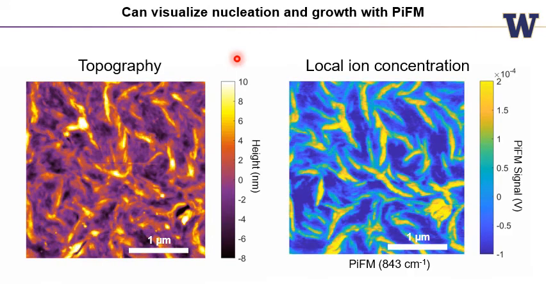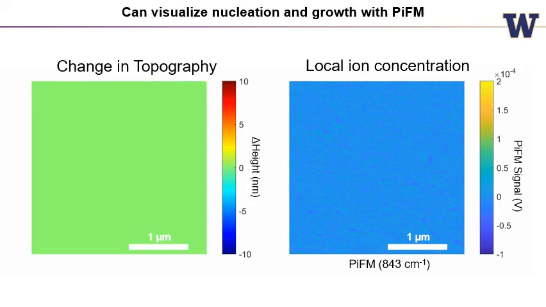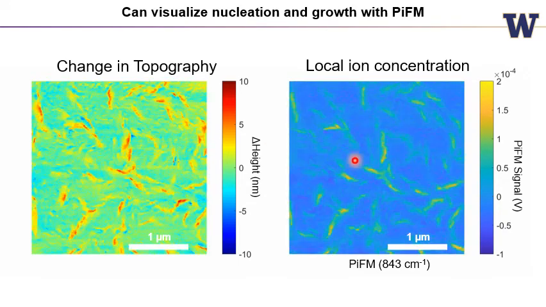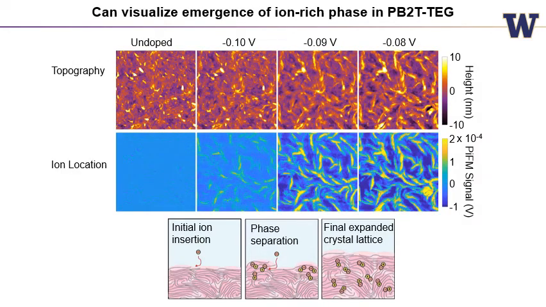If, instead of looking at the topography, we look at the change in topography, now you can really see that there's a really good correlation between the local ion concentration and the change in the topography. This has allowed us to really visualize what this phase separation looks like at the nanoscale. We're still trying to understand exactly why certain areas are expanding and certain areas aren't.